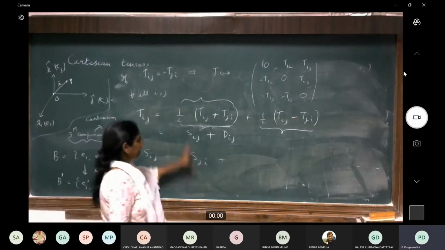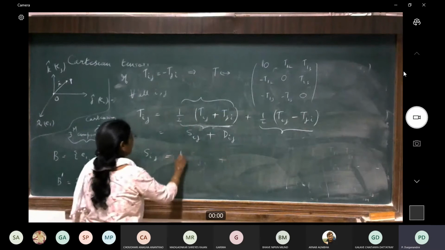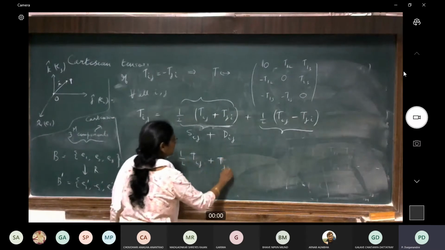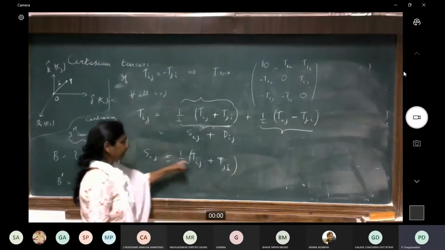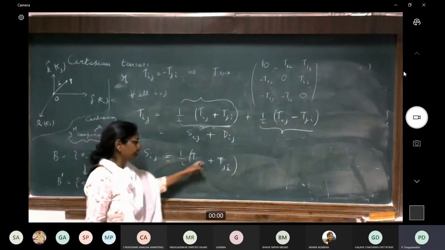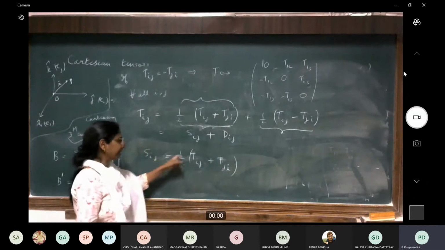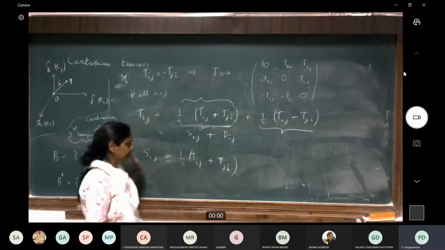What will be Sji given that Sij equals this? So Sij by definition is half times Tij plus Tji. That means S11 will be simply T11. S12 will be half times T12 plus T21. S21 will be half times T12 plus T21 again. Okay, so that's how it goes.